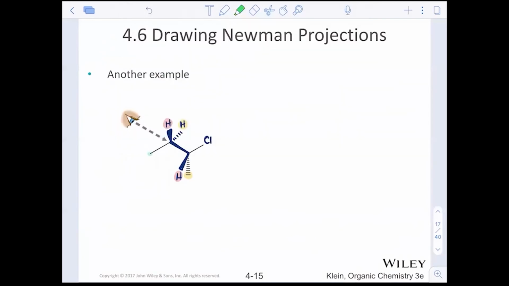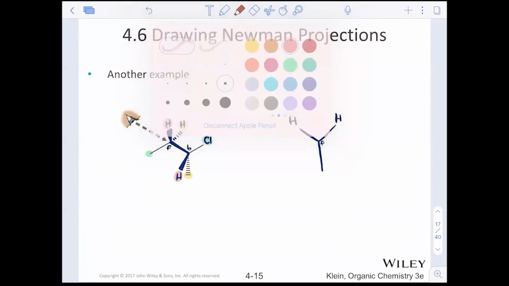And then we also have this methyl and this chlorine, which should be opposite of each other. One's on top and one's on bottom. So drawing that front carbon and back carbon. Front carbon first. We have the Y. There's the front. There's two hydrogens. I'm going to color them how we had colored before.